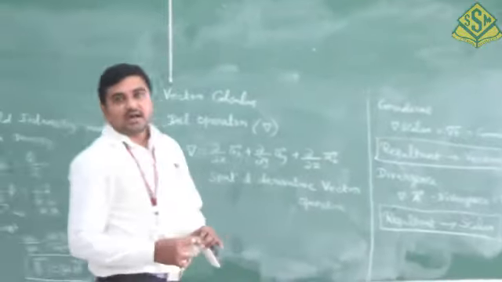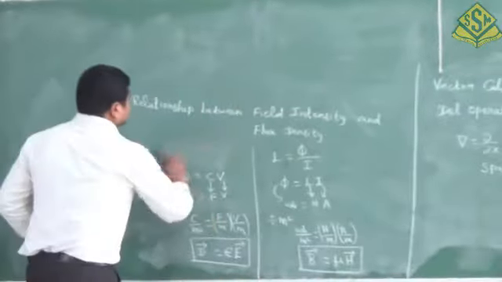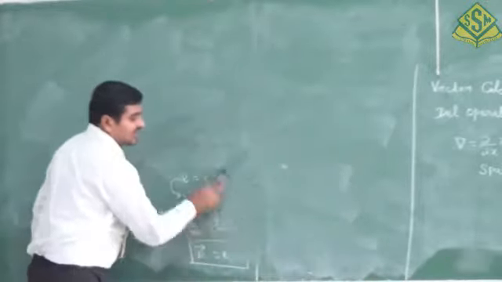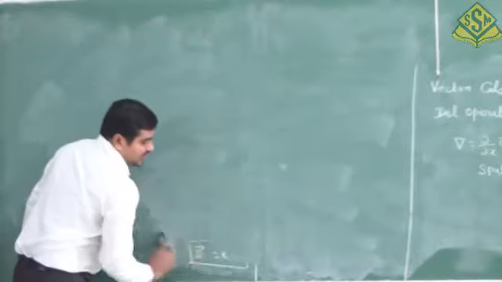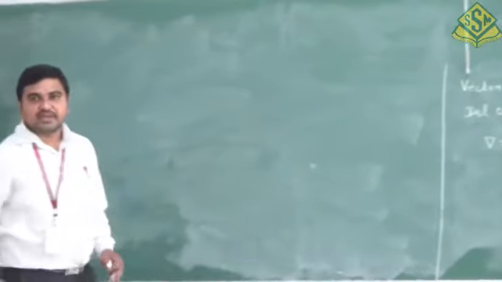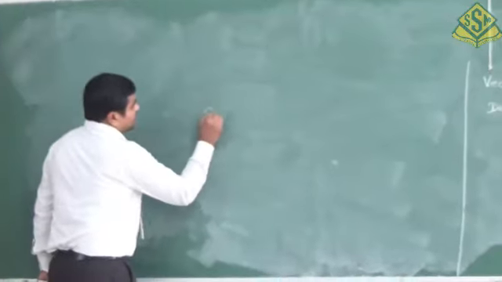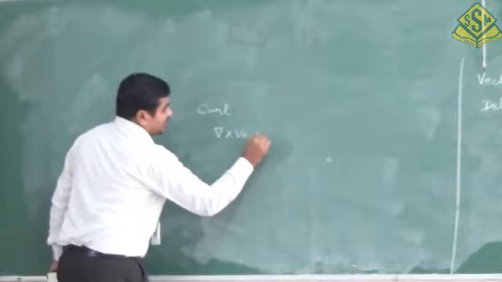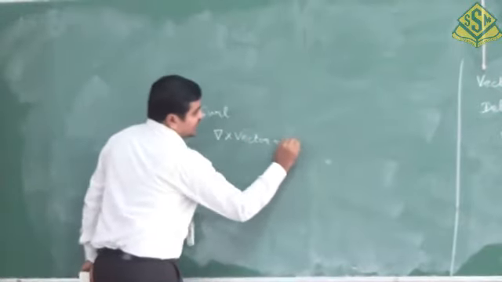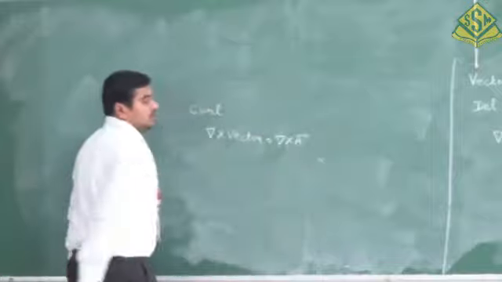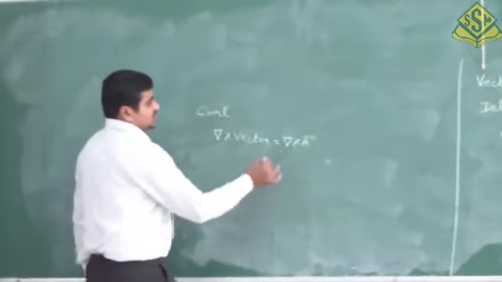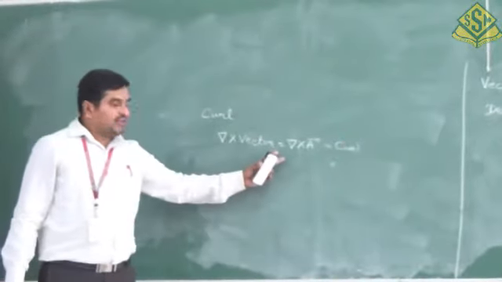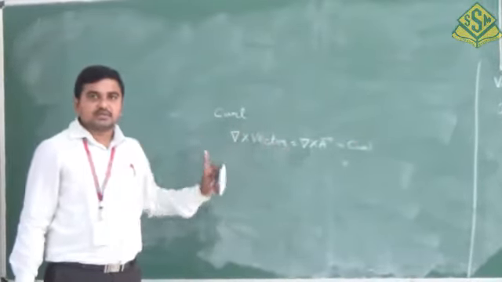Likewise we have the curl operation. Whenever we have a magnetic field, that is a circular field, we need the curl operation. Curl means del cross a vector quantity, that is del cross A vector. Whenever a circular field is there, we must use this curl operation.